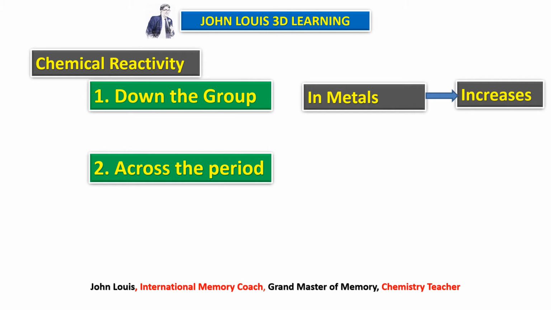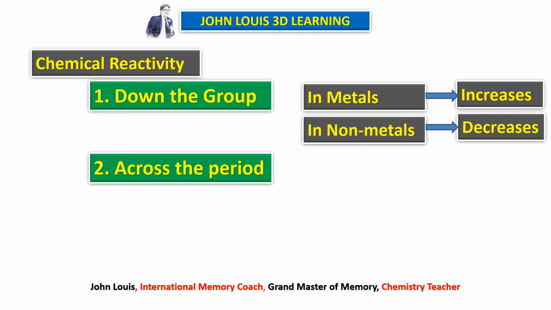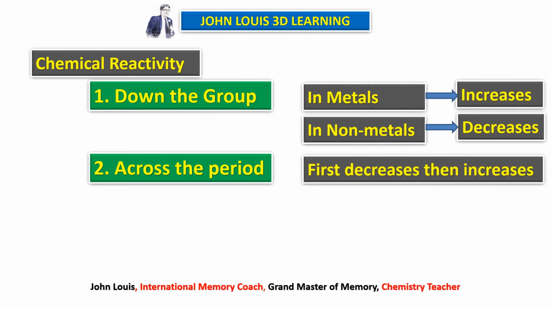Therefore, the chemical reactivity also will increase. In non-metals it decreases, because when we go down a group in non-metals, the tendency to gain 1 electron goes on decreasing. Therefore, the chemical reactivity also decreases. But across the period, what happens? First it decreases and then it increases. Why? We should know the reason also. We will see them one by one now.